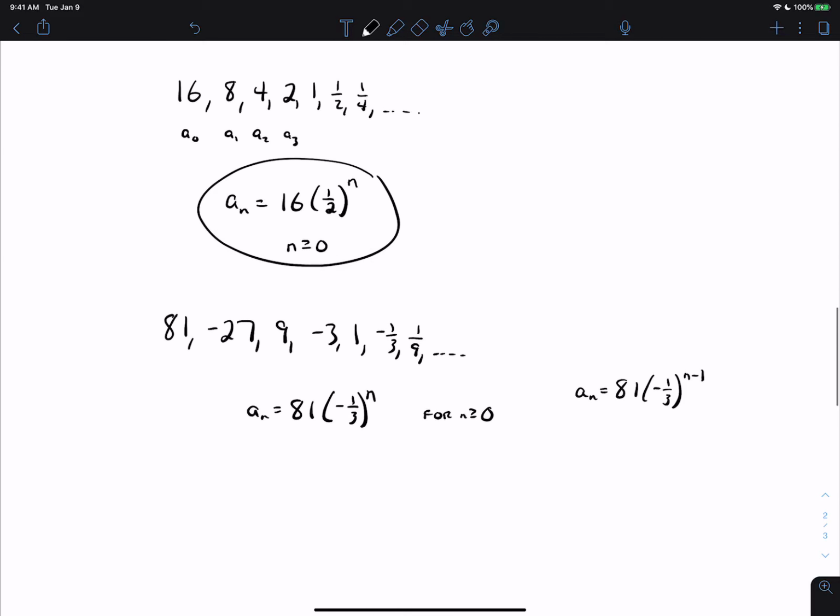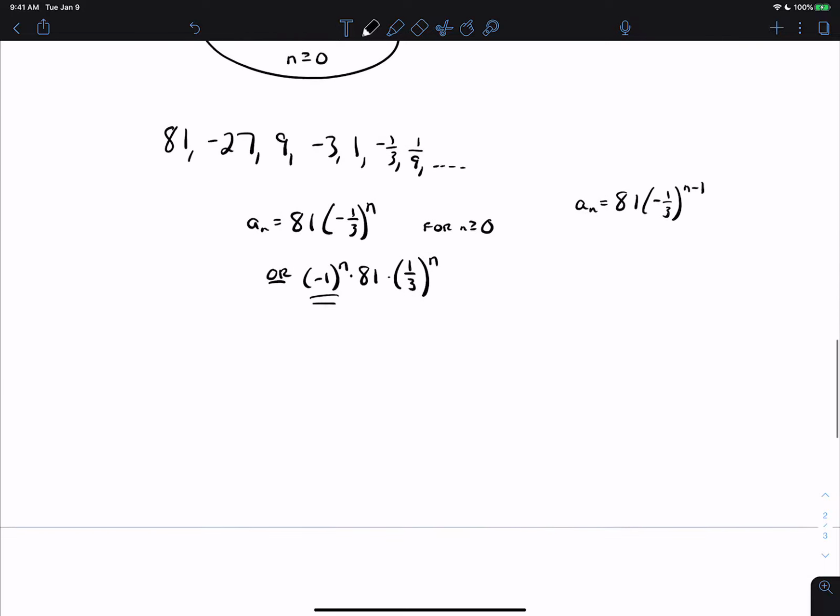It's important that you can also write this algebraically as negative 1 to the n times 81 times 1/3 to the n, and you could do something similar on the one on the right. The algebra works out. Also, this negative 1 to the n makes it clear that this sequence is alternating, and so you'll see that a lot in examples that we do in the future.